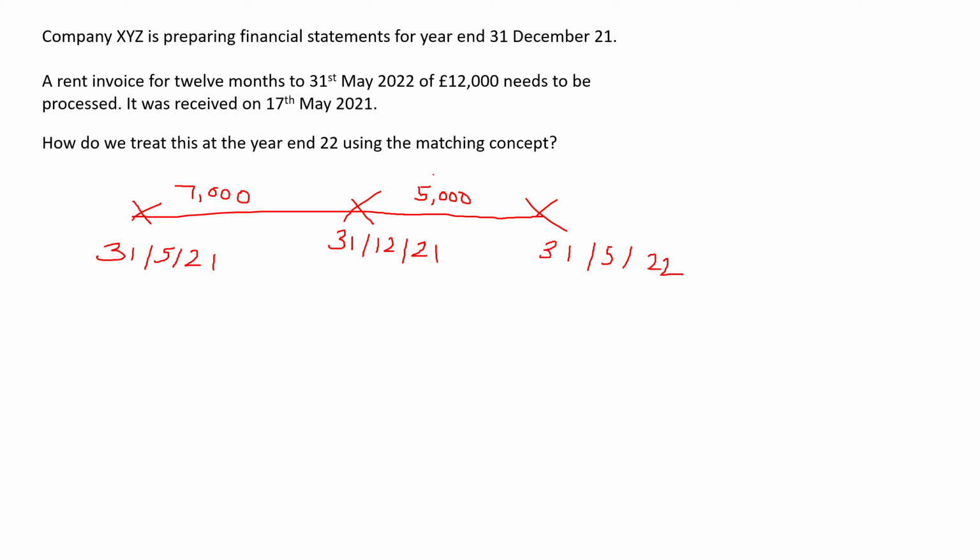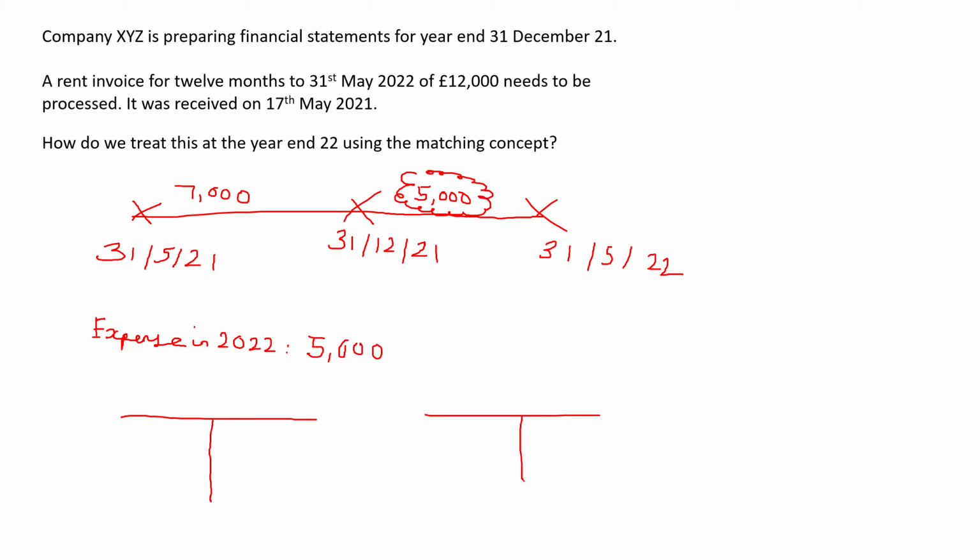Firstly, I want to ask you what expense needs to be in 22. It's going to be the 5,000, isn't it? So at the end of all of our transactions, we should be recognizing an expense of £5,000.